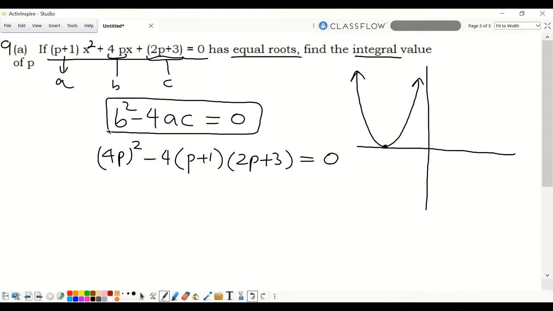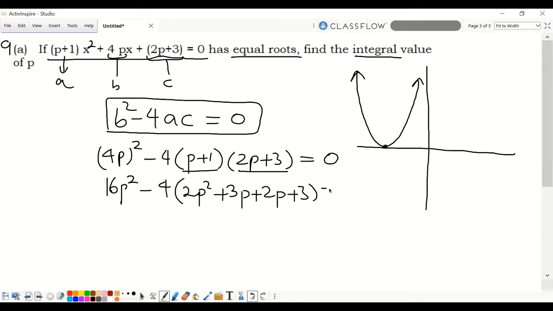So let's open up the brackets here. It becomes 16p squared minus 4, and let me expand these two first. So it will be 2p squared plus 3p plus 2p plus 3 equals to 0. And now let's open that bracket as well.